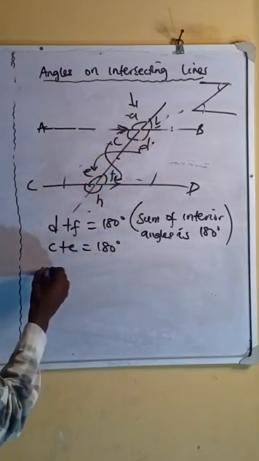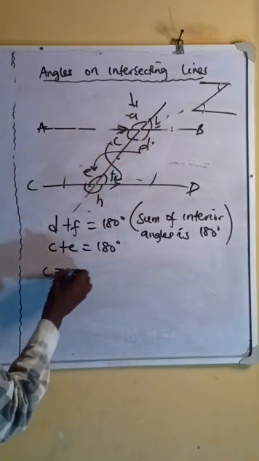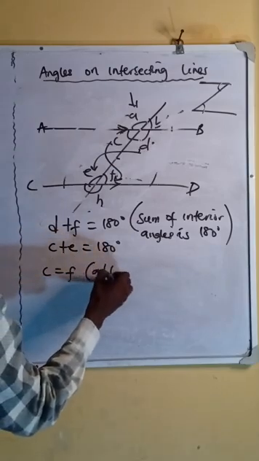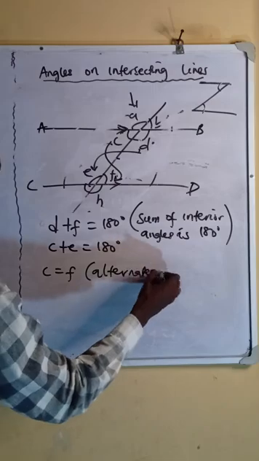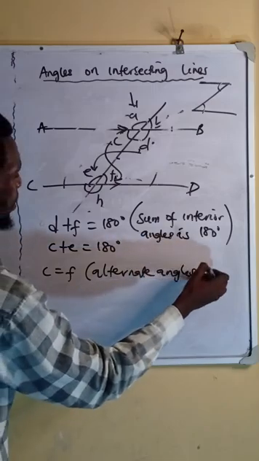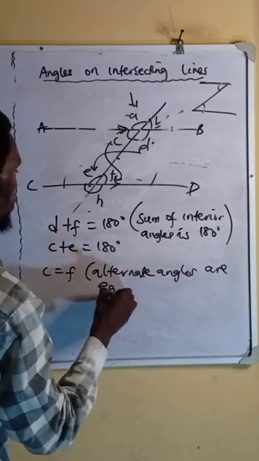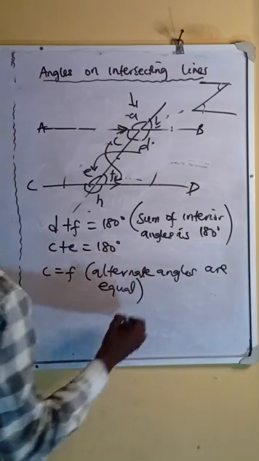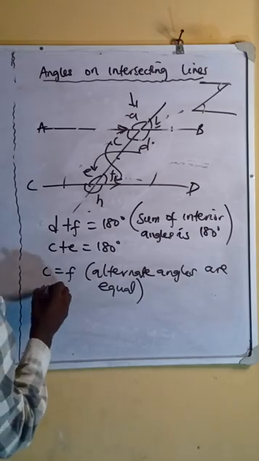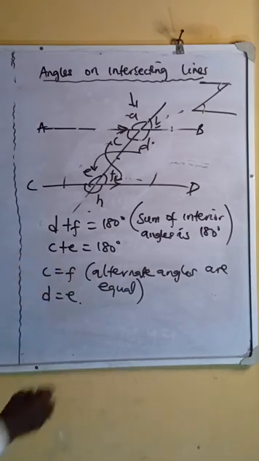So we say that C equals F. Alternate angles are equal. D equals E.